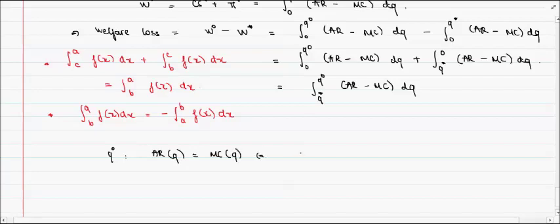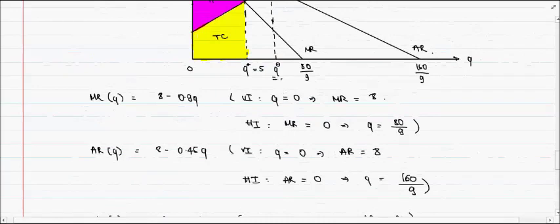Now, average revenue I found earlier is 8 minus 0.45q, and marginal cost is 2 plus 0.3q. So it's going to give me 6 equal to 0.75q, and therefore q is equal to 8. So q0 over here is 8.